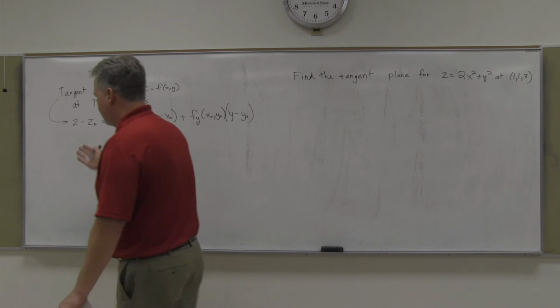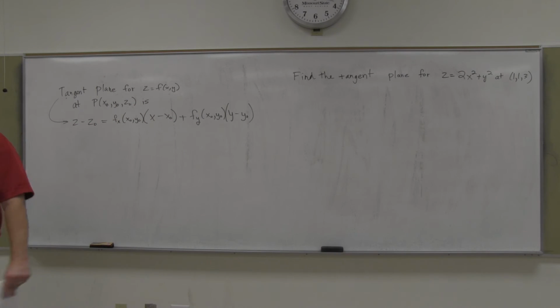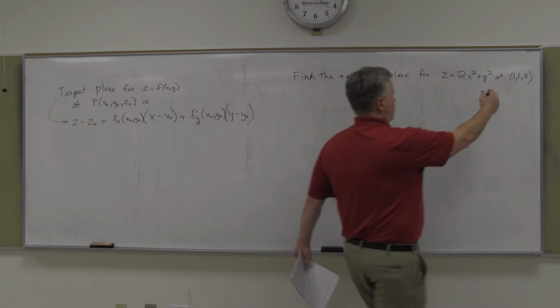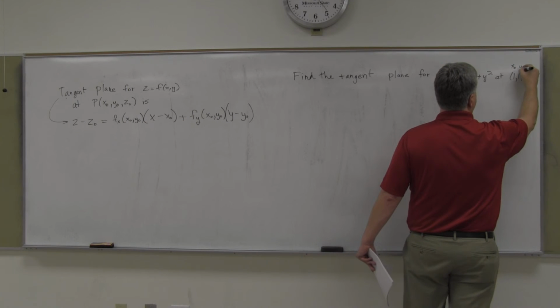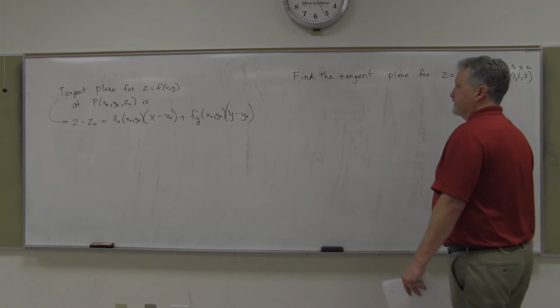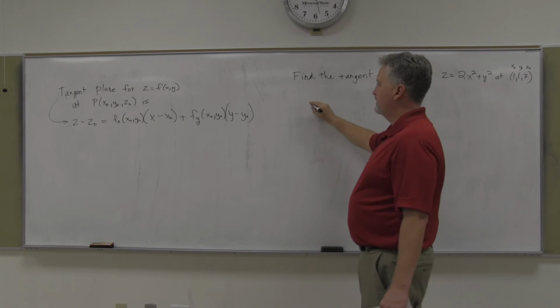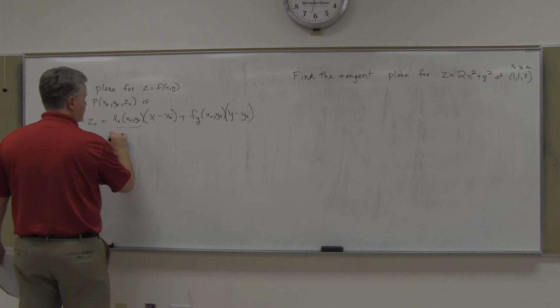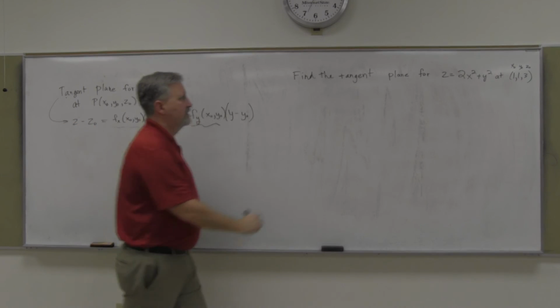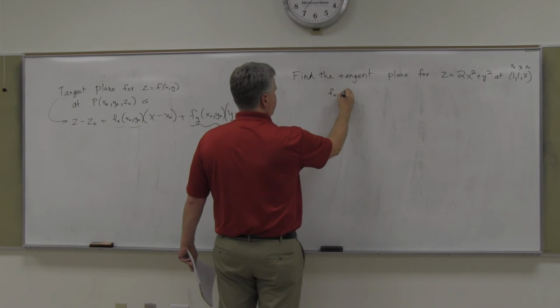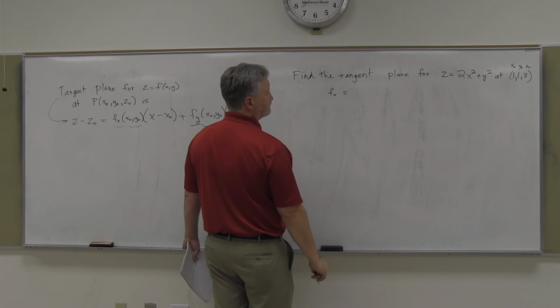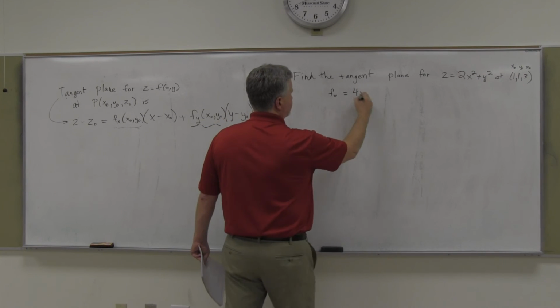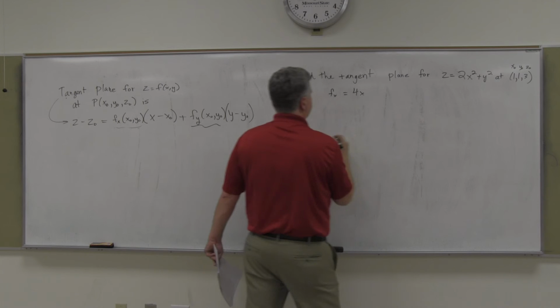So we just have to fill in the parts here. Of course, this is our x0, y0, z0 point. The only things to compute here are these two partials. So what would be the partial with respect to x? That'll just be 4x, wouldn't it? y is fixed, so this is 4x.